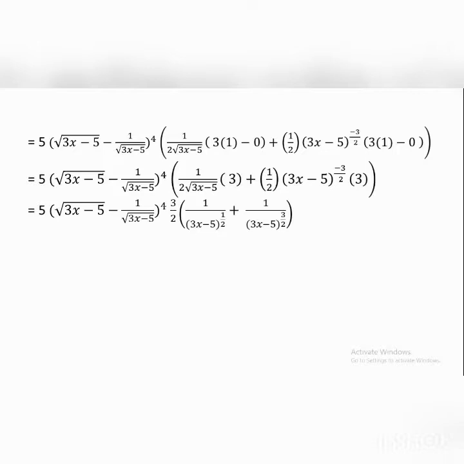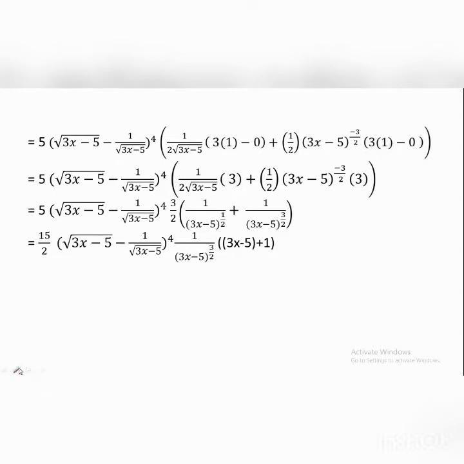So here, 5 threes are 15 upon 2, and this bracket is as it is. And here, this 1 upon 3x minus 5 raised to 3 upon 2 is a common term. So we take it outside, and here we adjust that term.